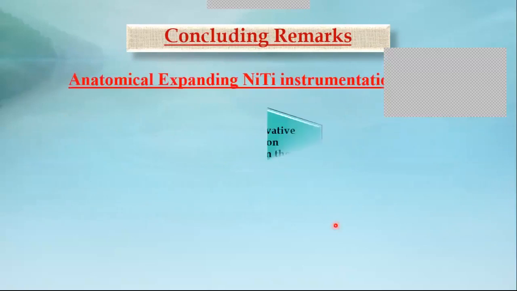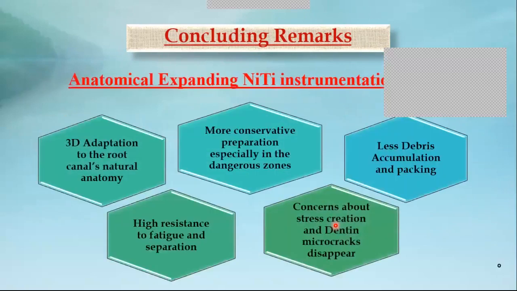Thanks to the anatomical expanding nickel titanium instrumentation system that allows for three-dimensional adaptation to the root canal's natural anatomy, more conservative preparation, especially in the dangerous zones, less debris accumulation and packing, high resistance to fatigue and separation, and moreover the concerns about stress creation and dentin micro crack formation inside the tooth disappear with the use of these systems.